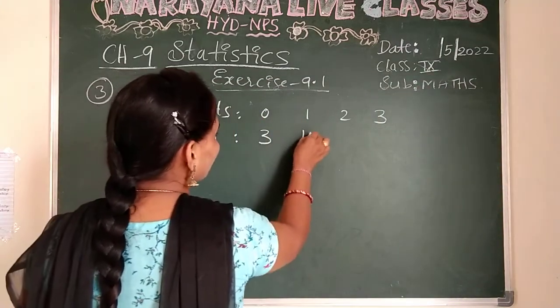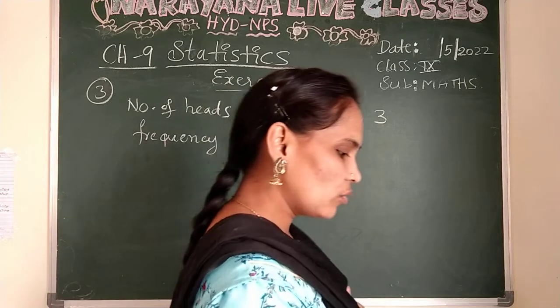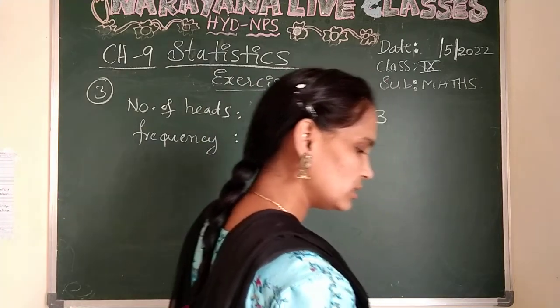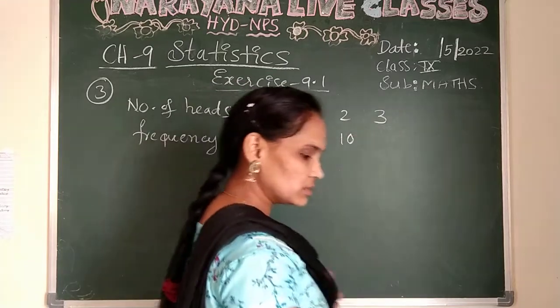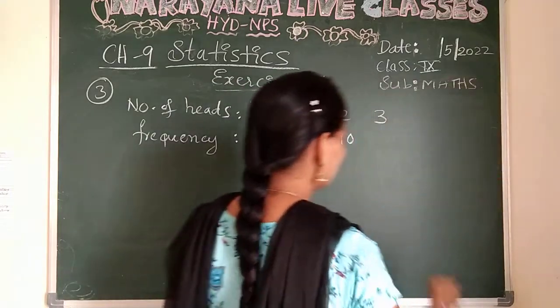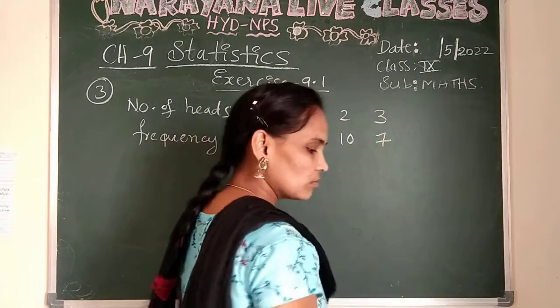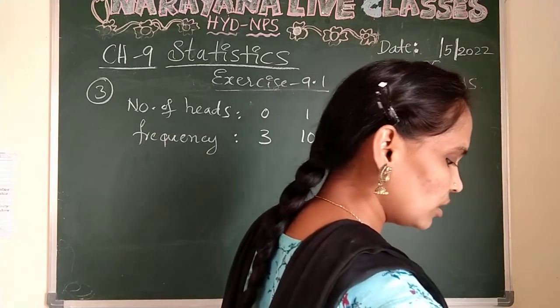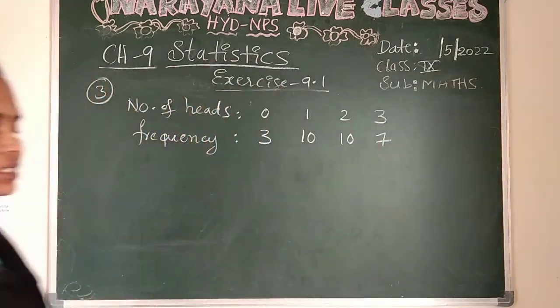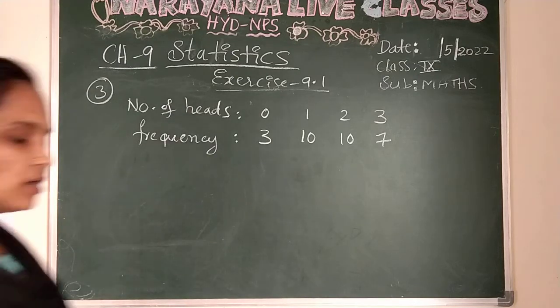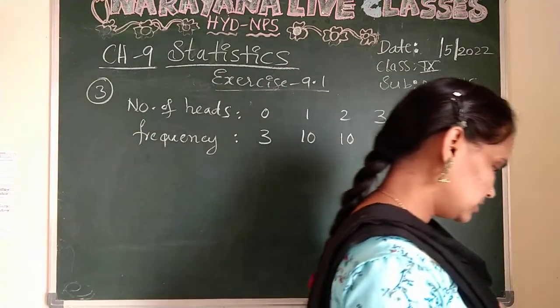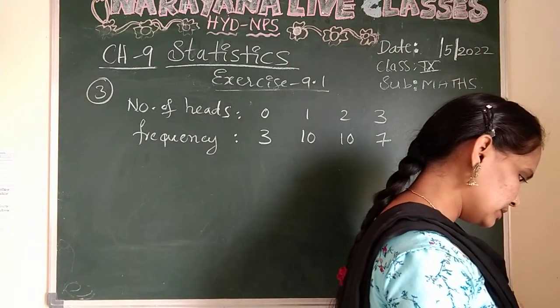Okay, 10. Second point, number of heads 10 times. And third point, number of heads 7 times. Okay. We just count how many times it is repeated, and that is the possibility of head occurring. This is the frequency distribution table for the given data.